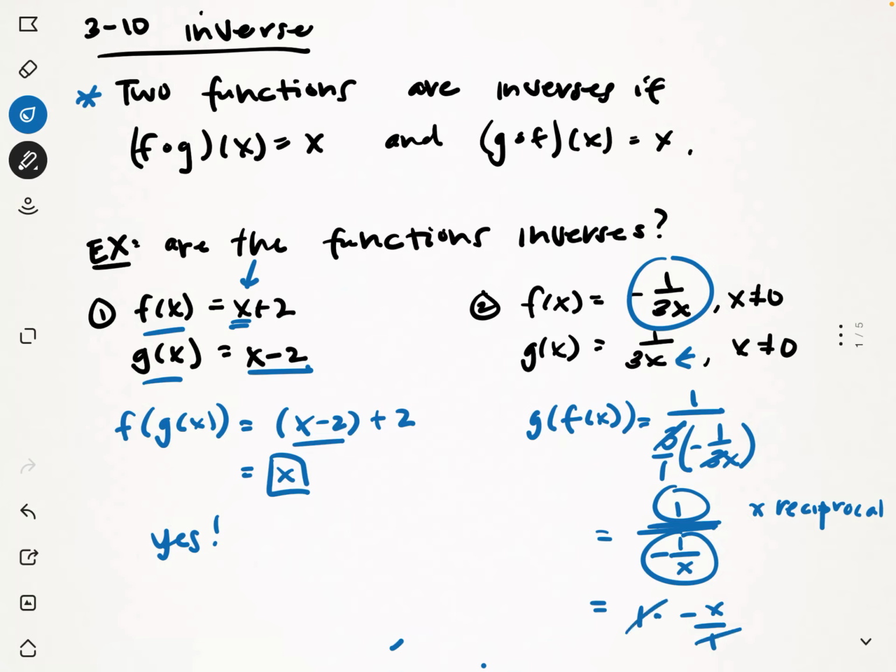And then the 1's cancel out, and this whole thing is just going to be negative x. Because we have a negative x and not just x, it says if it's equal to x, not if it's equal to negative x. So this one is going to be no. f and g are not inverses in this case. It's got to be equal to x for them to be inverses.